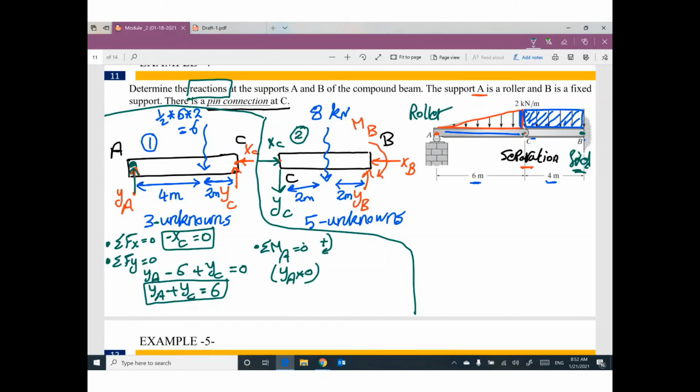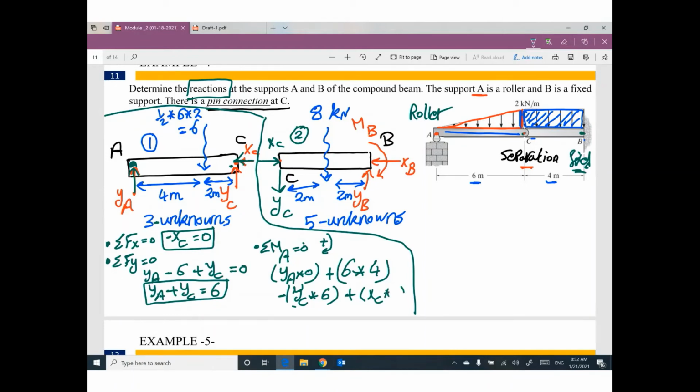The next force, 6 times the horizontal distance, 4. The following force, YC, negative, times the horizontal distance, 6. And the next force, XC, this one, and the distance.